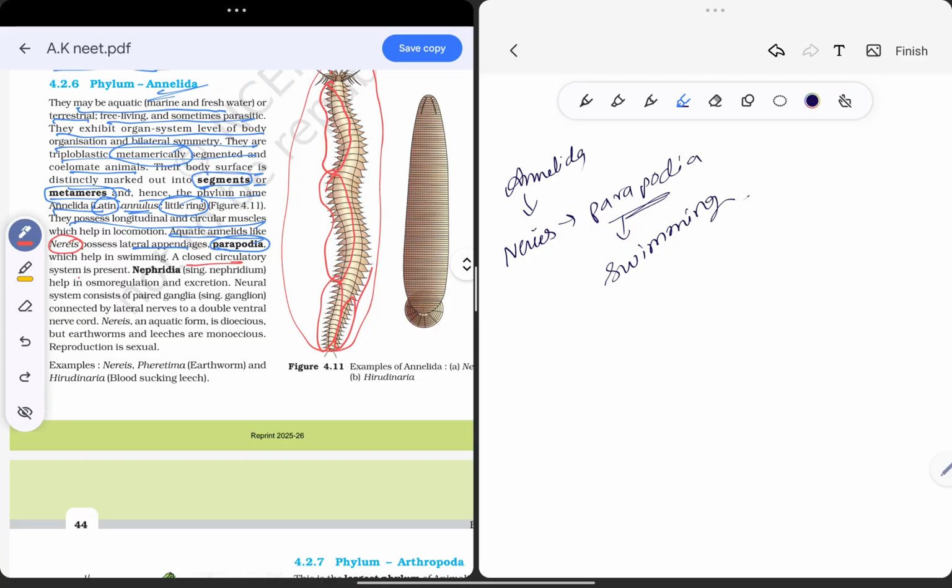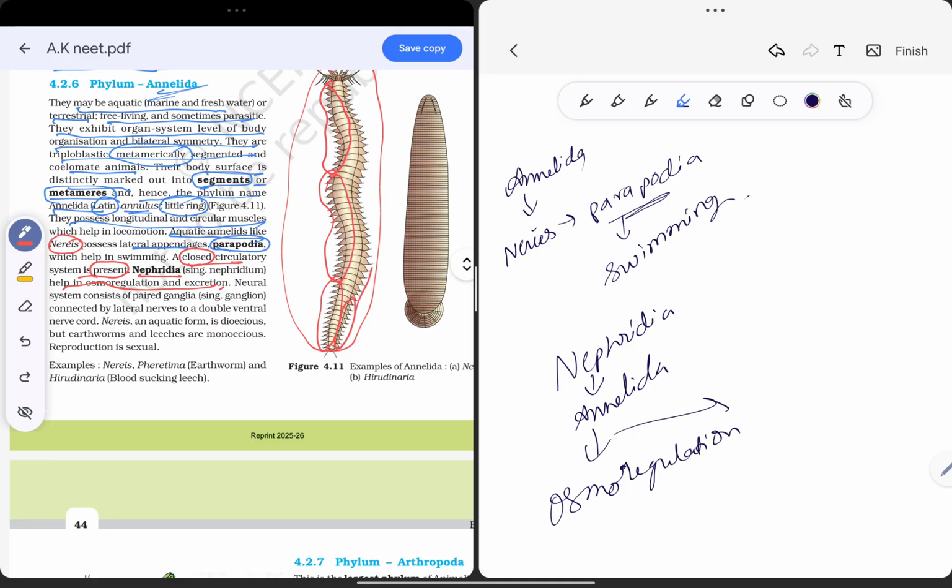A closed circulatory system is present in the case of annelids. It's closed. Nephridia help in osmoregulation and excretion, just like flame cells in Platyhelminthes. Nephridia is present in Annelida for osmoregulation and what else?